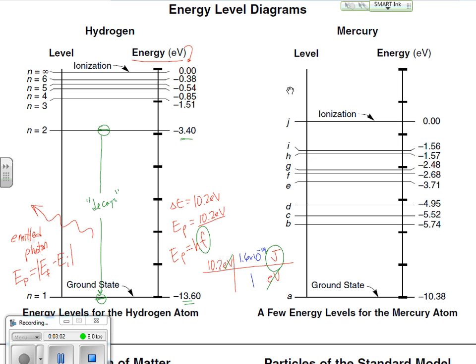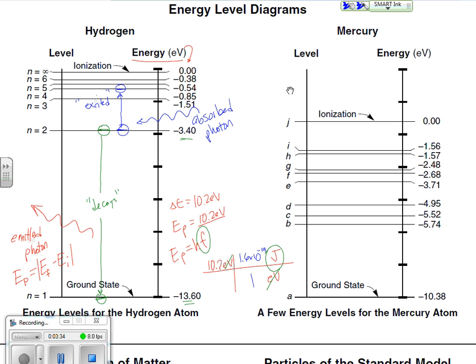Now, the other thing we can do is if a photon has just the right energy, it could potentially make this electron excited. We could excite this electron and make it go from state 2 to state 4. This is what we would call an absorbed photon.